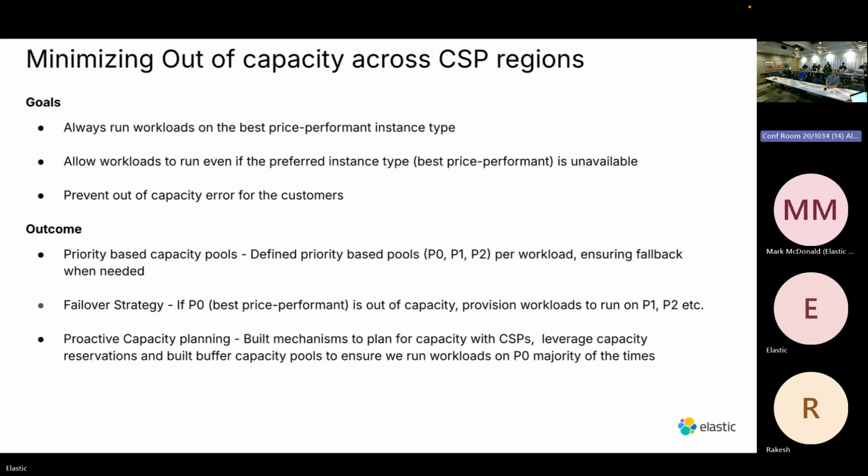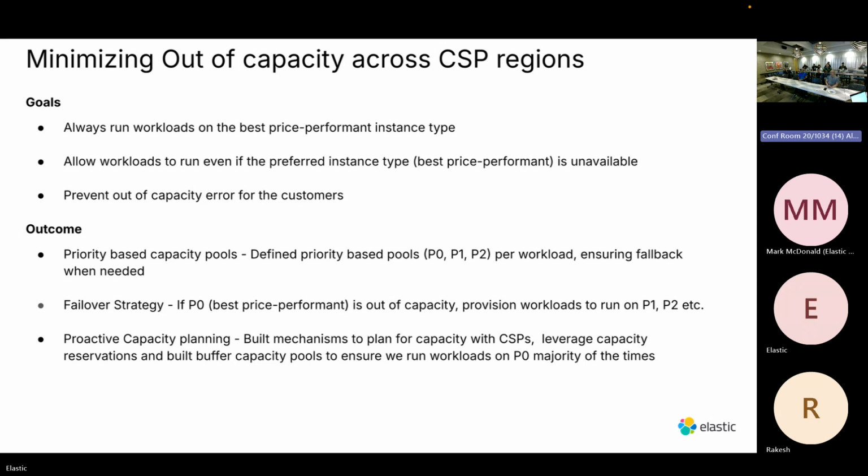That's why our secondary goal was that we want to allow workloads to run even if the preferred instance type is not available, right? And the goal that we want to achieve is zero out of capacity errors for the customer, so that we take away all that complexity of scaling up, managing scaling, managing for events. Everything is automated in a way that neither the customers, nor our engineering and operations teams need to worry, right?